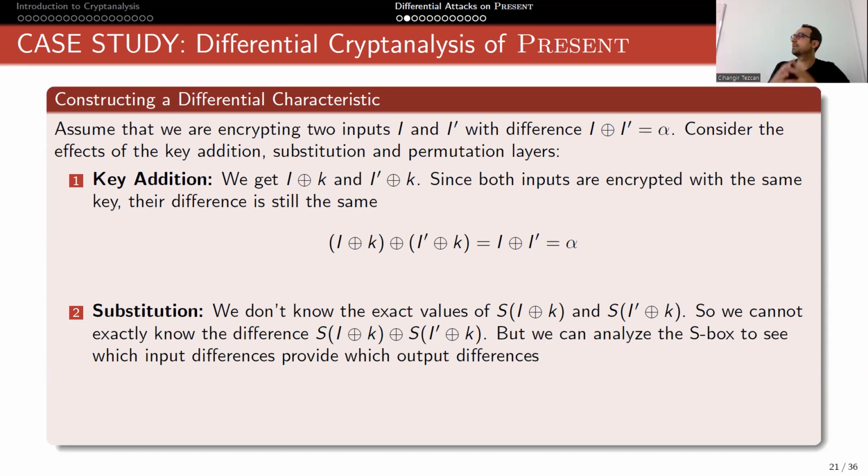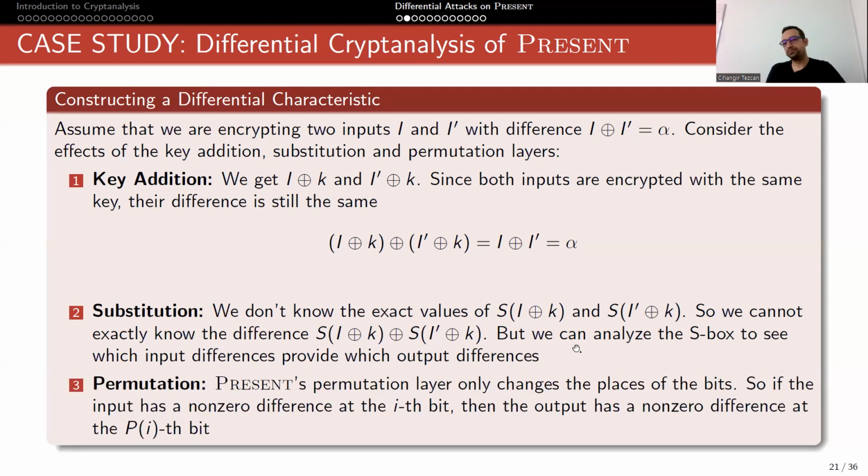And here is how the differential cryptanalysis applies. This is the only part where you actually have security against differential cryptanalysis, and you have to analyze the S box to see what happens. So with some probability, you can say that the output difference will be this or that. This is the idea.